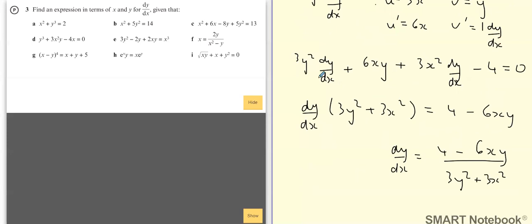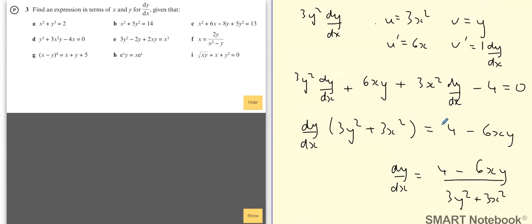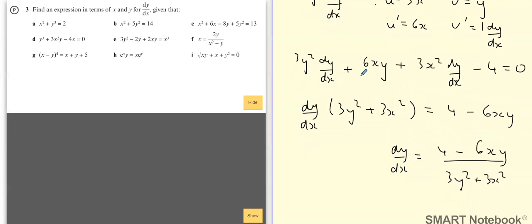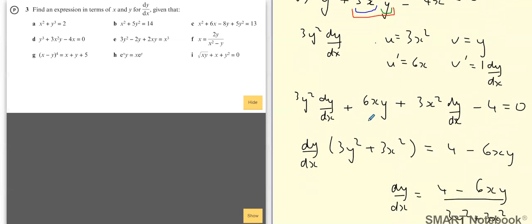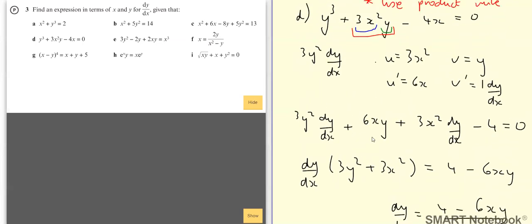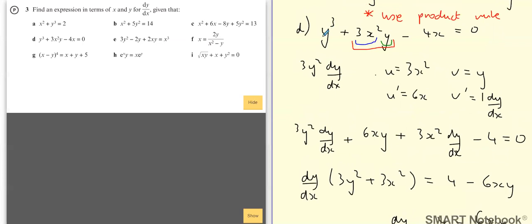Is it 3y squared? Or which term am I looking at? 3 is what? 3y squared? Yeah, so 3y squared dy by dx, yeah.